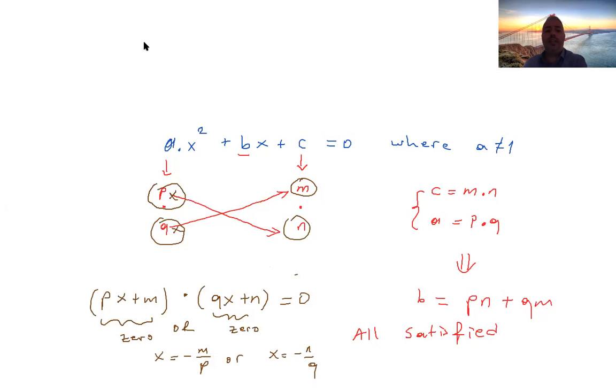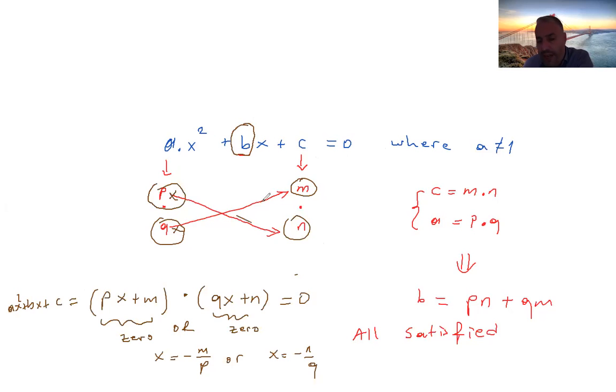One more time, I want to repeat. When a is different than 1, ax squared plus bx plus c equals 0. So let me write ax squared plus bx plus c is equal to px plus m times qx plus n, which is equal to 0, where c is m times n, a is p times q, and their cross product must be the middle term, which is b, the coefficient of x.